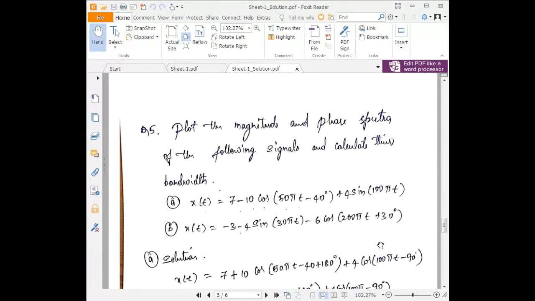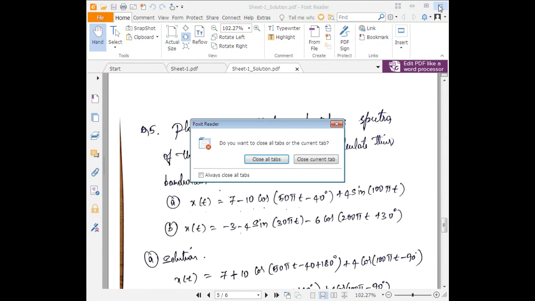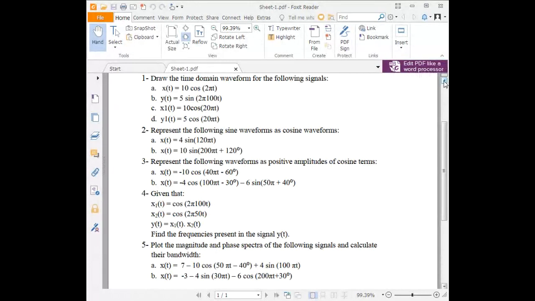Question number 1, question number 5. Can you read the whole homework again, sir? Okay. I'm closing this window. Can you see this? No. Just wait.